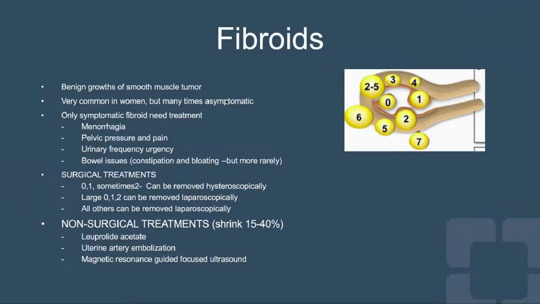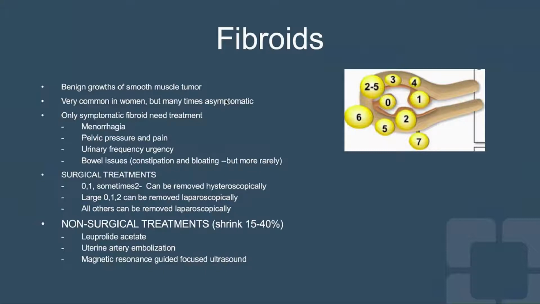Now, surgical treatments. The type 0, 1, and 2, remember those are the ones that involve the endometrial cavity, can be removed hysteroscopically by putting a scope through the vagina and cervical canal into the uterus and removing the fibroid, usually using energy, or there are some dissectors that actually use mechanical blades and shave off the fibroids, which can be removed this way as well.